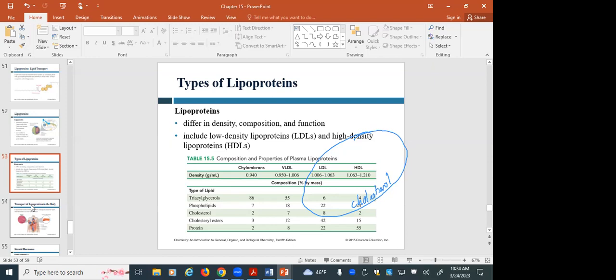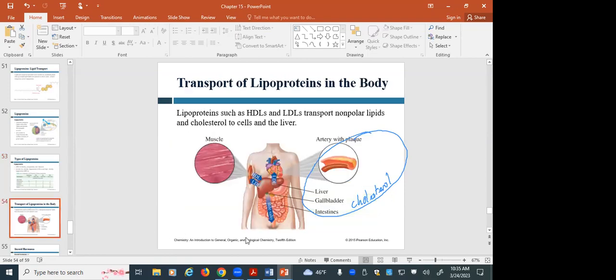And so if you have too little HDL in your body, then that impedes your body's ability to process cholesterols properly, and that can lead to an elevated cholesterol level in your body. So ultimately, HDL takes the cholesterol from your body into your liver.